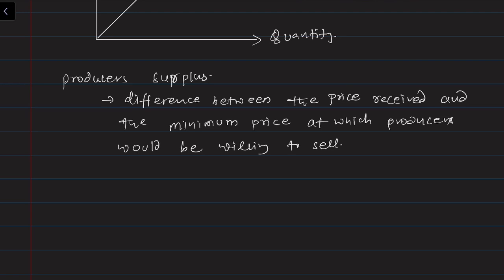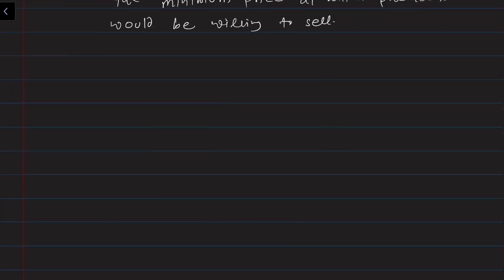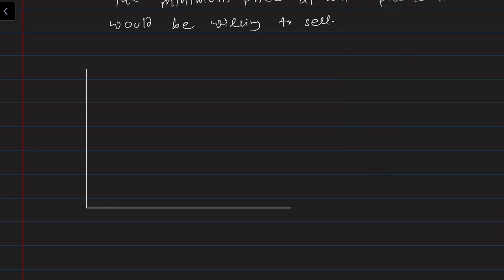Now let's understand this from the graph. The argument to calculate the producer surplus is similar to what we did while calculating the consumer surplus. On the vertical axis we write price, and on the horizontal axis quantity.